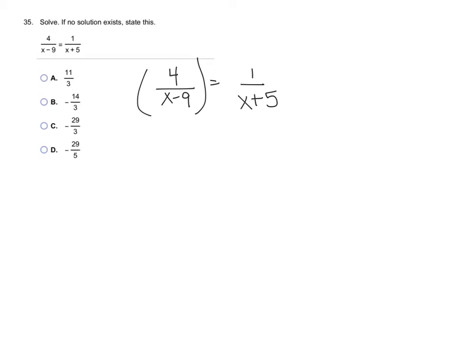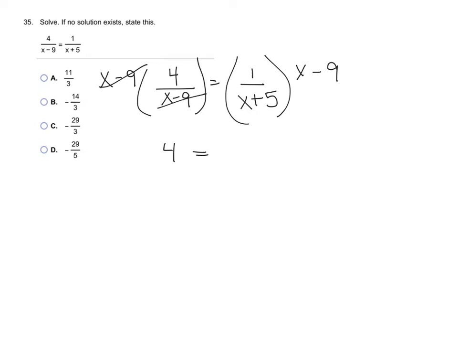So here I'll multiply it by an x minus 9, and I'm going to do this on both sides. Now on the left side, this gets rid of the x minus 9 factor in the denominator, so I'm just left with a 4.